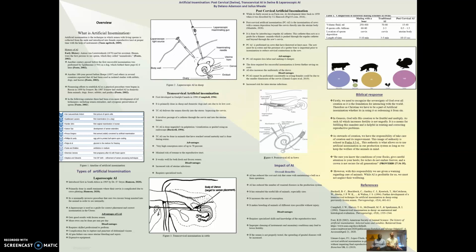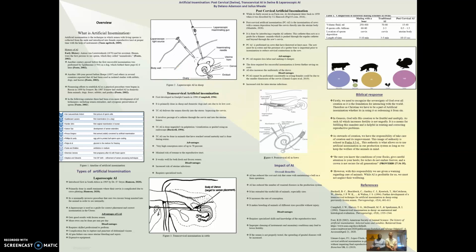Yes, so we'll first begin with laparoscopic artificial insemination. This technique was first introduced in South Africa in 1985 by the scientist J.J. Stein. And this technique is predominantly done in small ruminants. Why, you may ask?